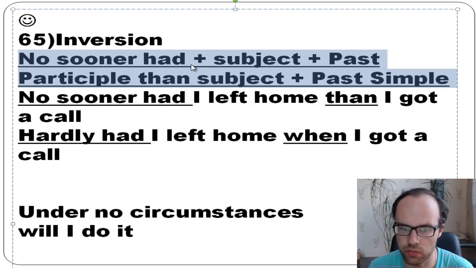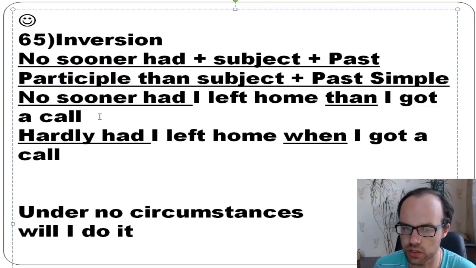Please look at this structure. No sooner had I left home, had plus subject, I is a subject, left is the past participle, then than, subject, I is a subject, and got is the past simple. So no sooner had I left home than I got a call. What does it mean?